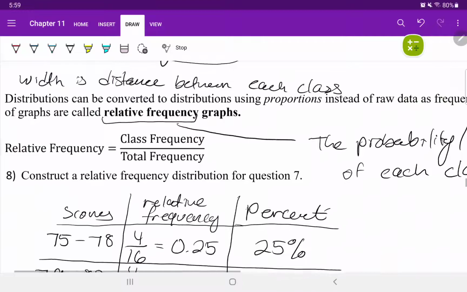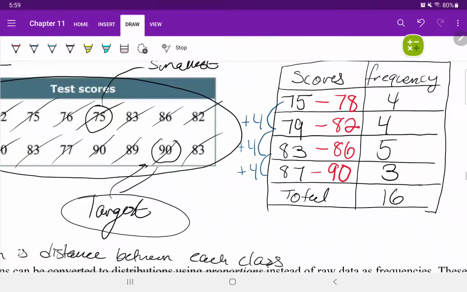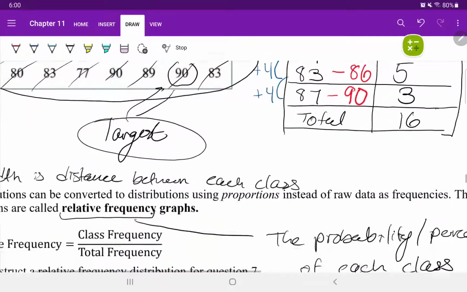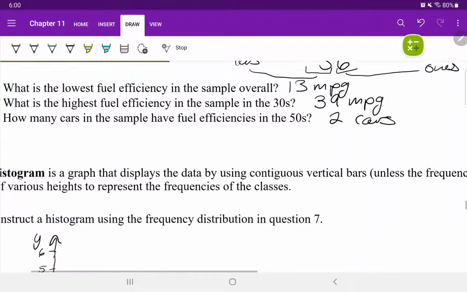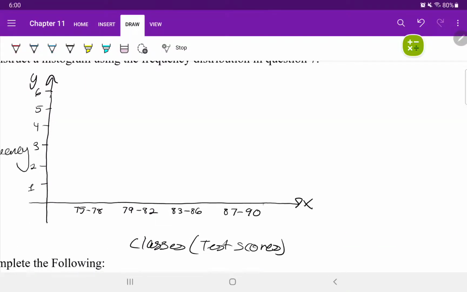And now we're going to draw vertical bars that represent the height of this frequency. So 4, 4, 5, and 3. Let's remember that for the frequency of those classes. The first bar will have a height of 4. Now, I'm no good at drawing graphs, so let me draw this a little bit thicker.